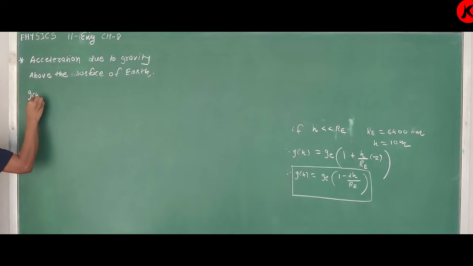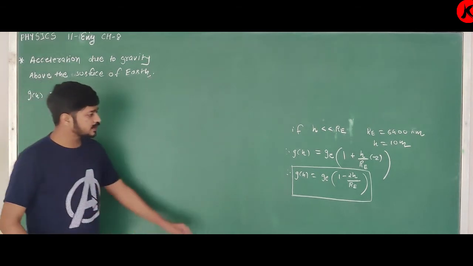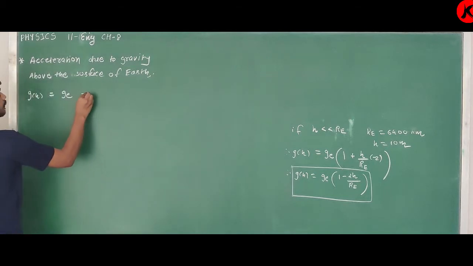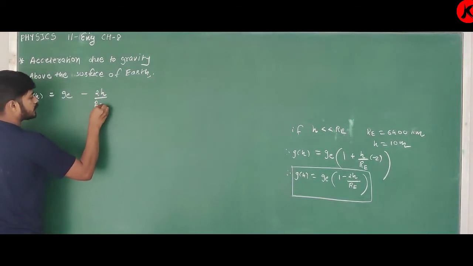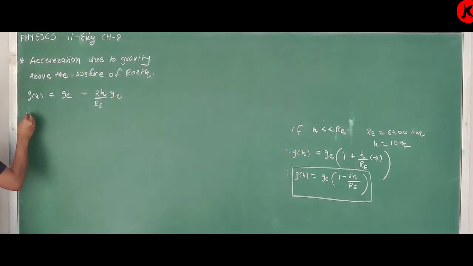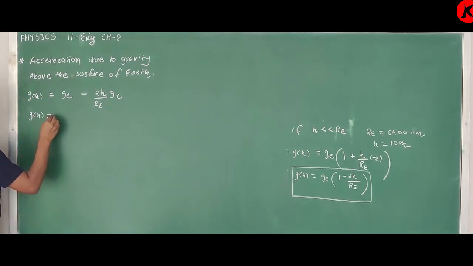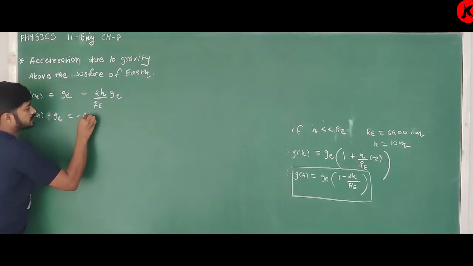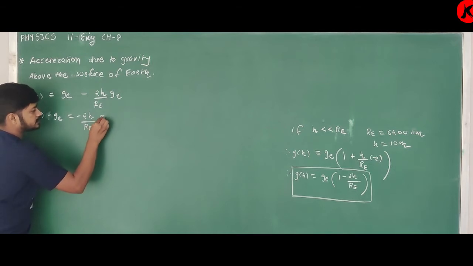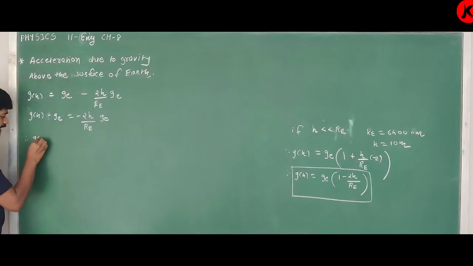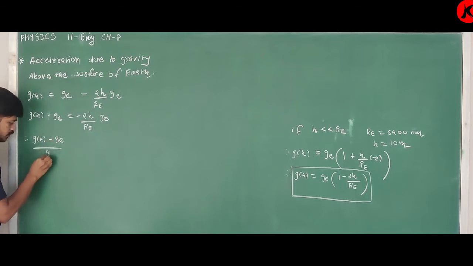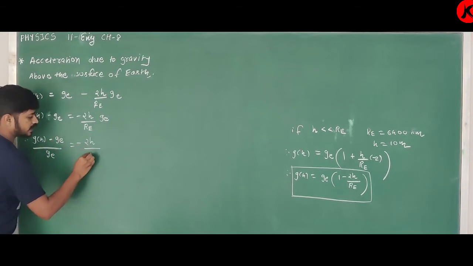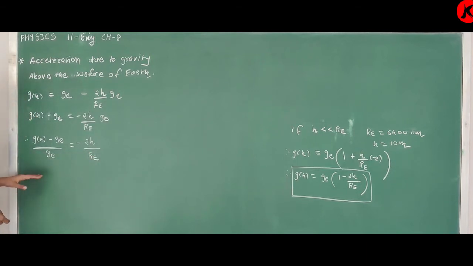Then I can write this equation as g_h is equal to g_e, if I multiply this g_e inside the bracket, g_e minus 2h upon R_E g_e. So g_h minus g_e is equal to minus 2h upon R_E g_e. Therefore, g_h minus g_e upon g_e is equal to minus 2h upon R_E. This equation is used to solve some examples.